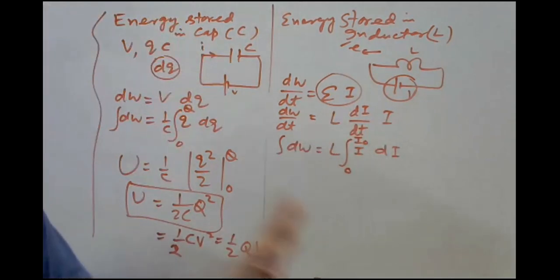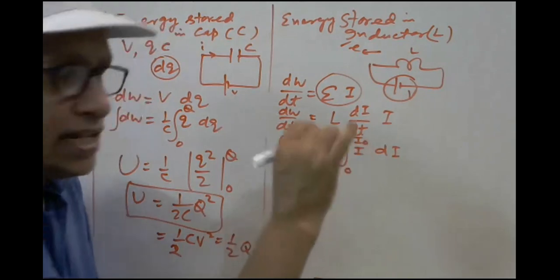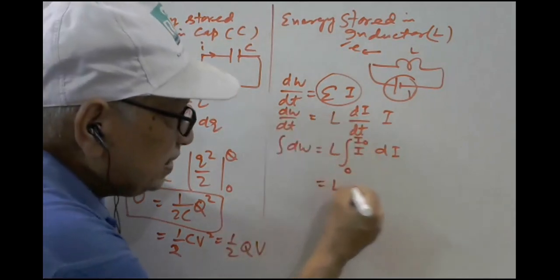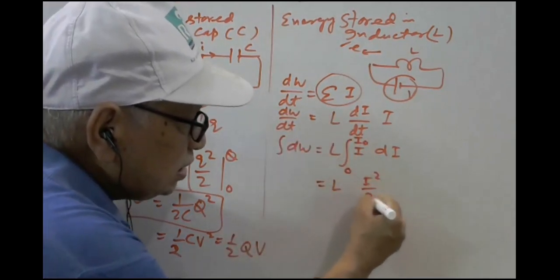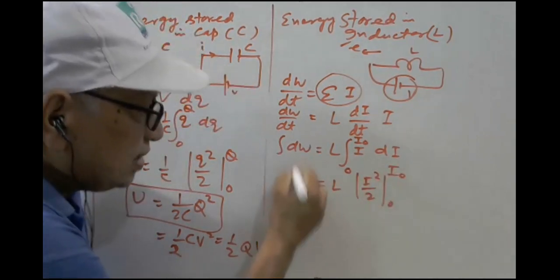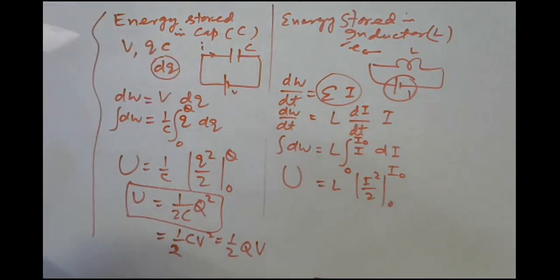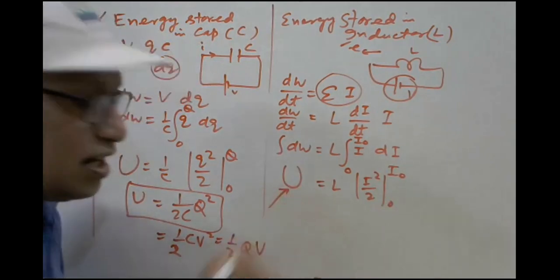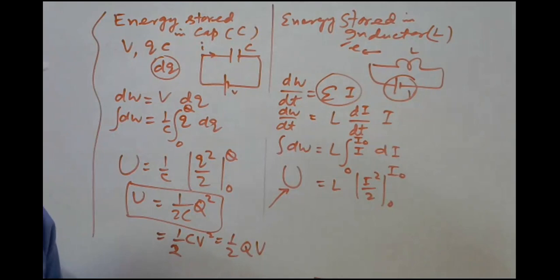Suppose maximum value is I naught or I maximum. You can write any, or even I, no problem. So what will be there? The integration is I square by 2, from 0 to I naught. So here work done is stored as energy. So we are getting the formula of energy stored.